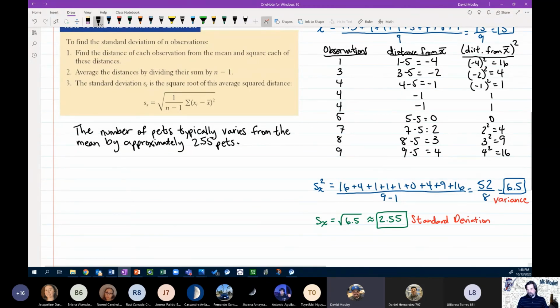Now, obviously, that's kind of an odd number to assign to pets, but it essentially means that our average number of pets owned is 5. Typically, the students will have somewhere between 5 minus 2.5 and 7.5 pets, which doesn't really make sense, so like 2 to 7 maybe. But it gives us an idea of the spread, the variability of the answers.